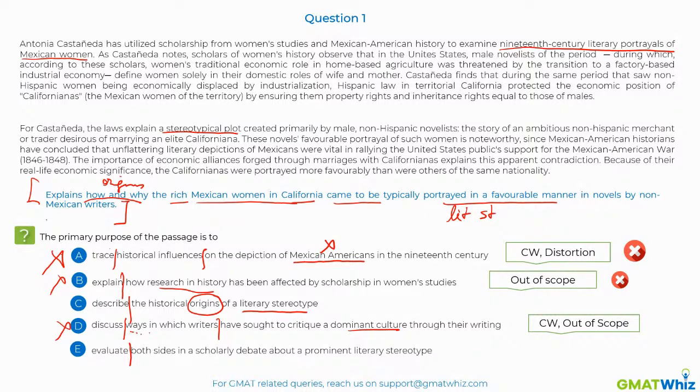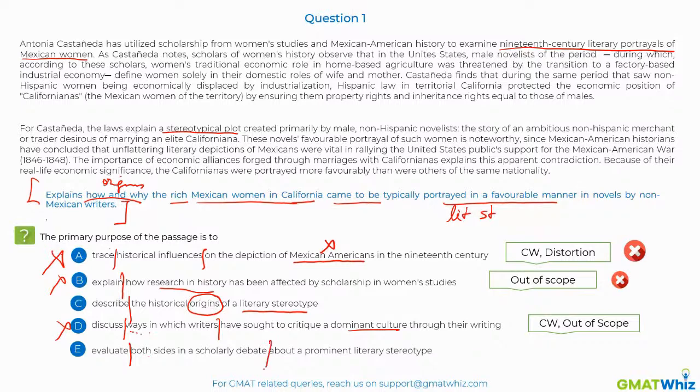Well, the author is trying to derive the conclusion about the portrayal of Mexican women. However, where is the evaluation? Where are the pros and cons, the advantages and disadvantages on both sides of the coin? The author is just telling us why the Mexican American women were portrayed in a favorable manner. That's it. So evaluate, I'm not very high on that word.